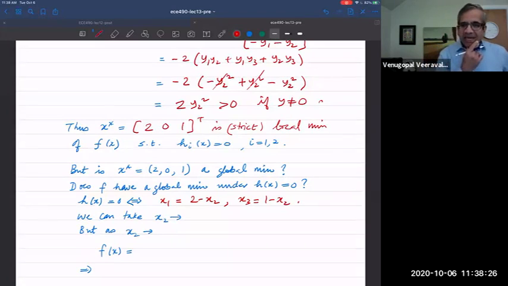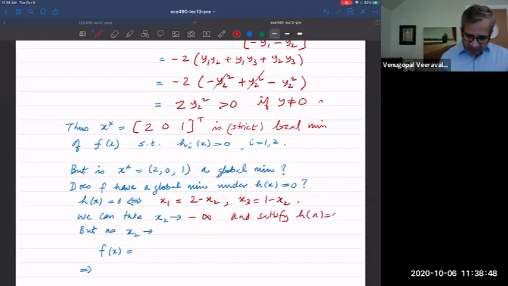So we can take x2 to minus infinity and satisfy the constraint. Right?